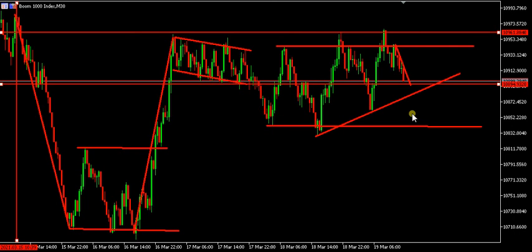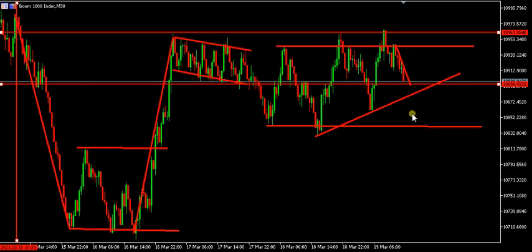So as a trader, if you want to determine the market, you always plot your trend lines, which are very, very important in every aspect of trading. It's very important for you to know the direction of the market.